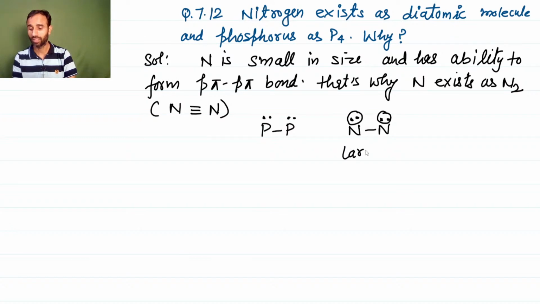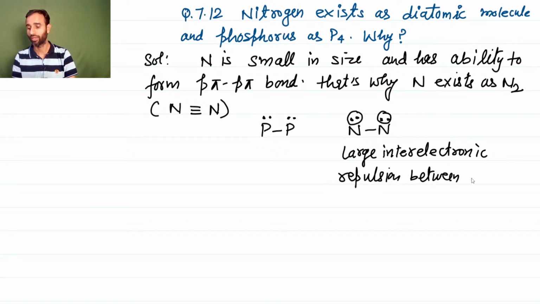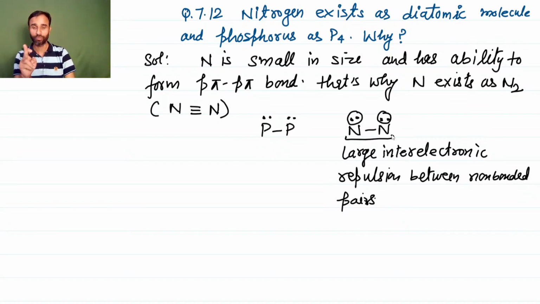In this case, there is large inter-electronic repulsion between non-bonded pairs. Okay, that's why NN single bond is weaker than phosphorus single bond.